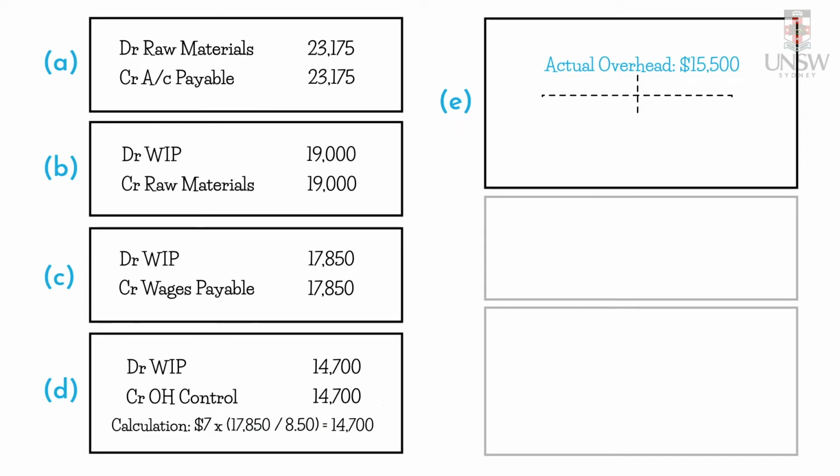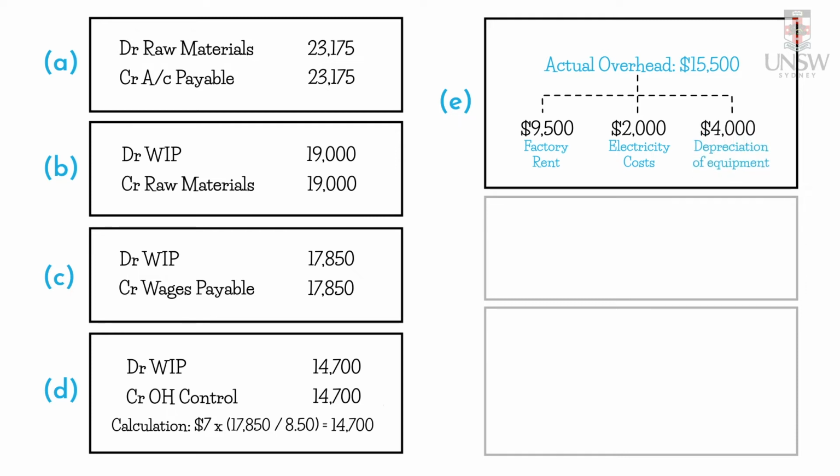That actual overhead, we're told, is composed of factory rent, $9,500, factory electricity costs, $2,000, and depreciation on factory equipment, $4,000. For the journal entry, we're going to debit the overhead control account, because that account accumulates both the applied and the actual overheads.